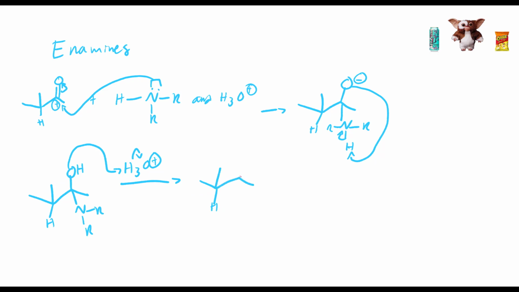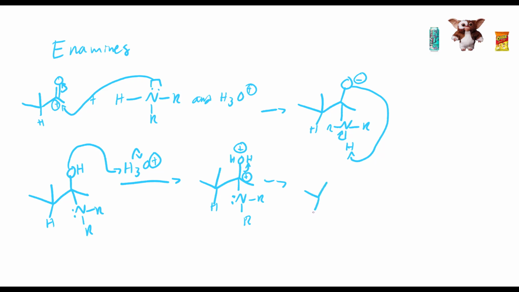So we have H, O, and H, which is positive. Then, of course, we have our nitrogen, some R's right there. Whenever water leaves, it leaves a carbon that is positive. Let's put in our electrons.